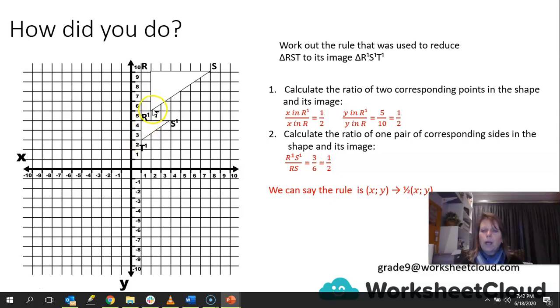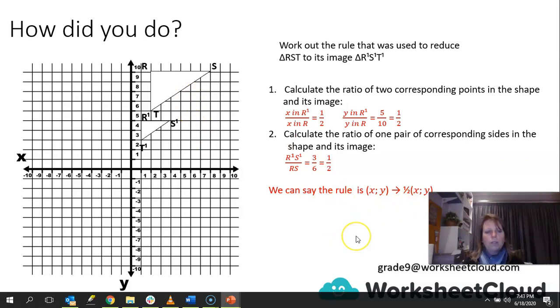You can work out if it is half away from T. And as you can see there, it is, because T is 2 and 5, and T1 is 1 and 2, so it is half the way away.